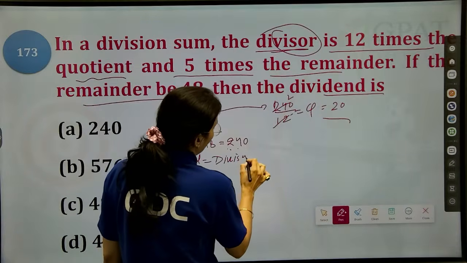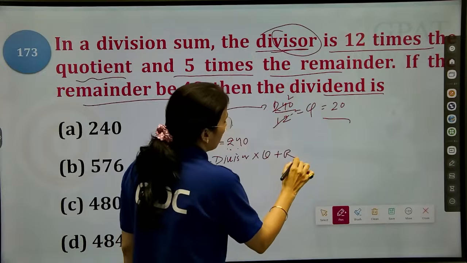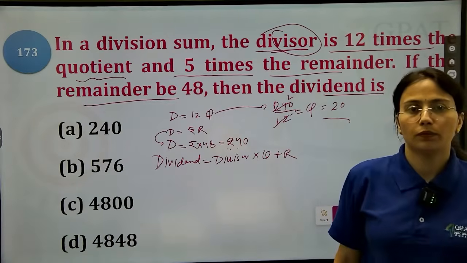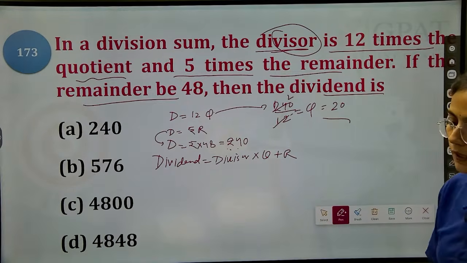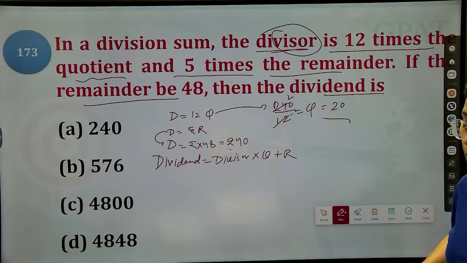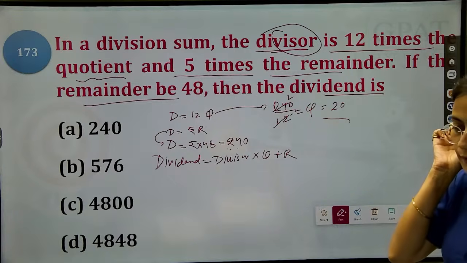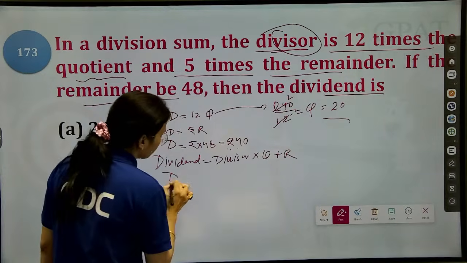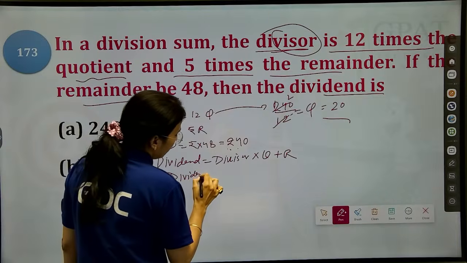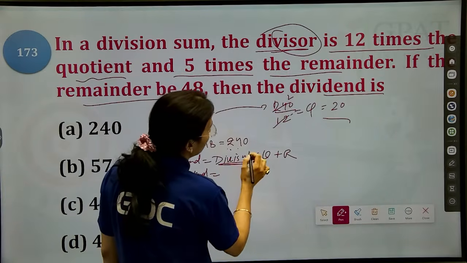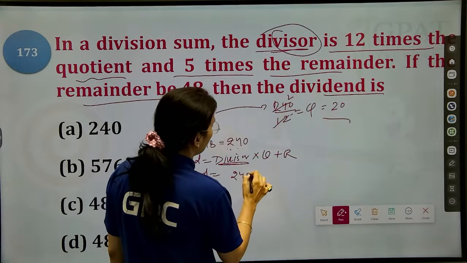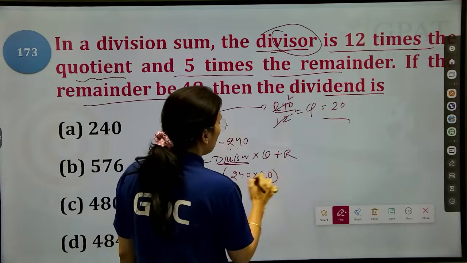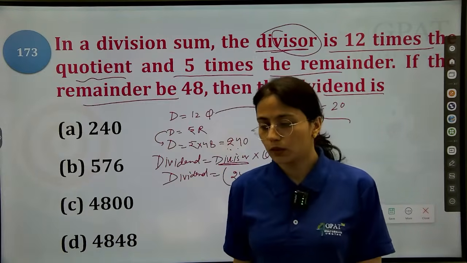According to the formula, the dividend is equal to divisor multiplied by quotient plus remainder. The divisor is 240, multiplied by the quotient, which is 20, and the remainder is 48.